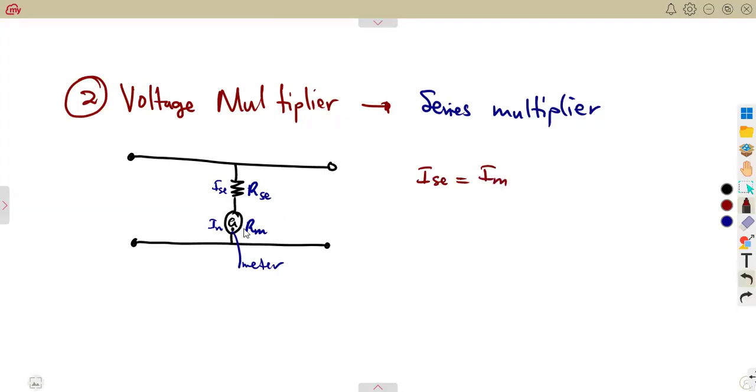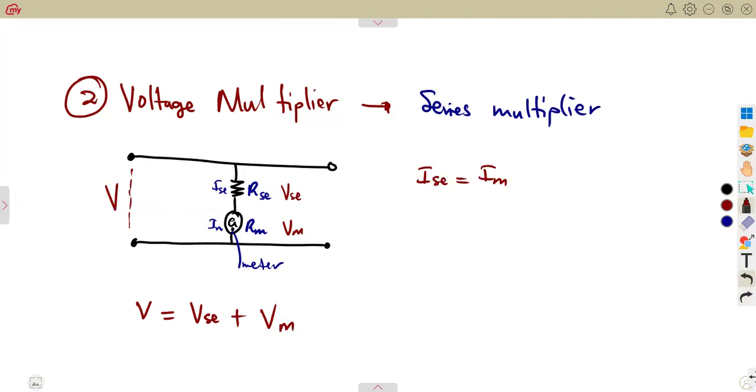In series, the voltage across the series resistor and the voltage across the meter are related to the supply voltage. This will be the sum in series. So the supply voltage, which is the maximum voltage that you can be given, will be equal to the sum of these two, the series and the one of the meter.